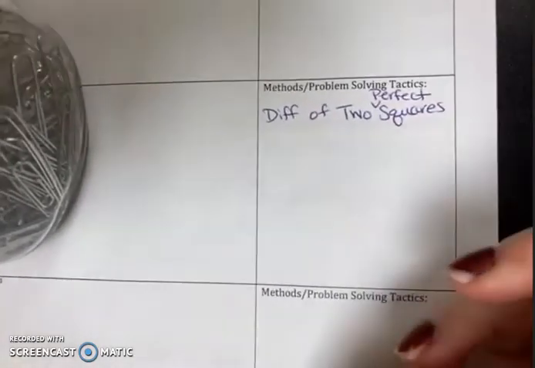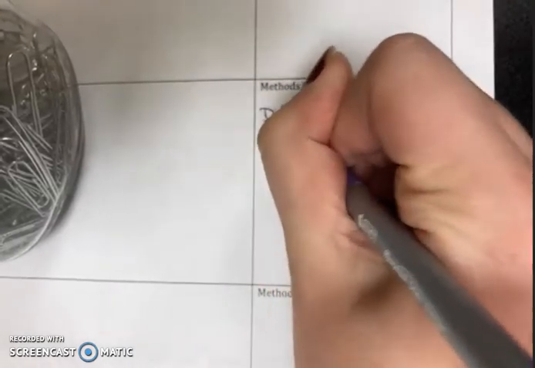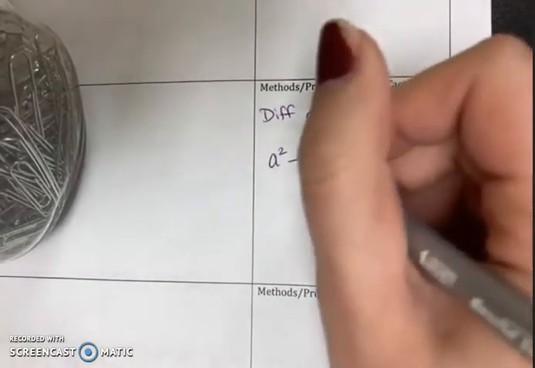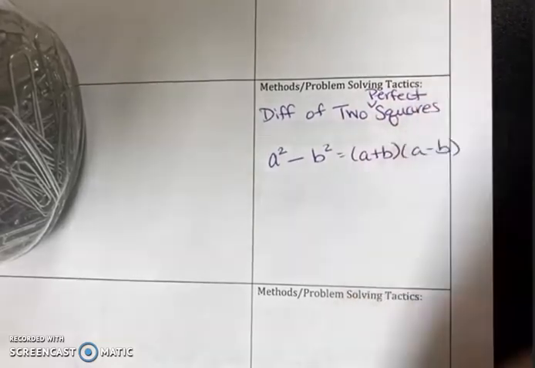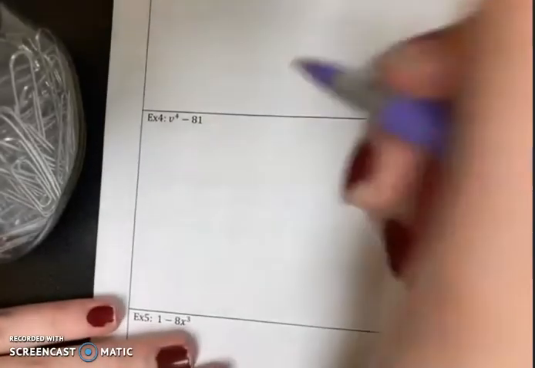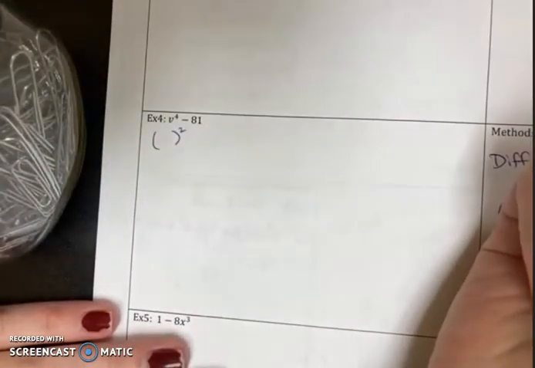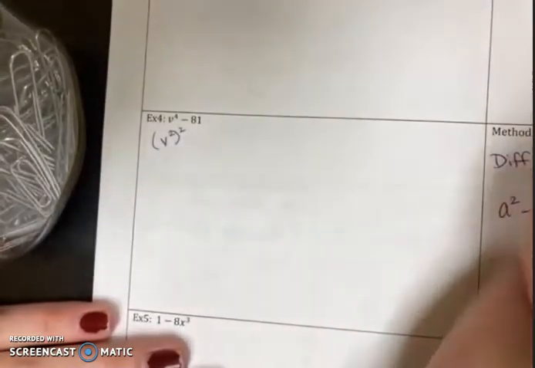And the rule, while I'm over here actually, is if I have a squared minus b squared, and remember we went over the fact it must be subtraction, then I can rewrite it as a plus b times a minus b. If you're asking yourself what squared would give me v to the 4th power, well, that's v squared, because when you have a power to a power, we multiply.